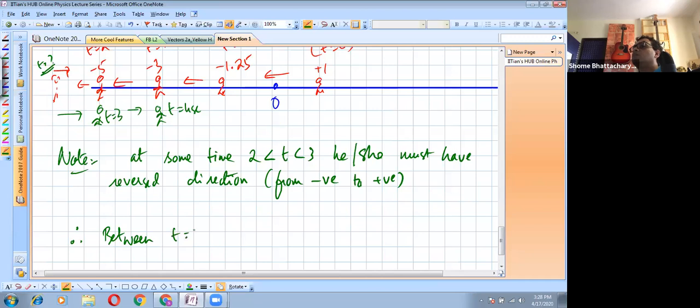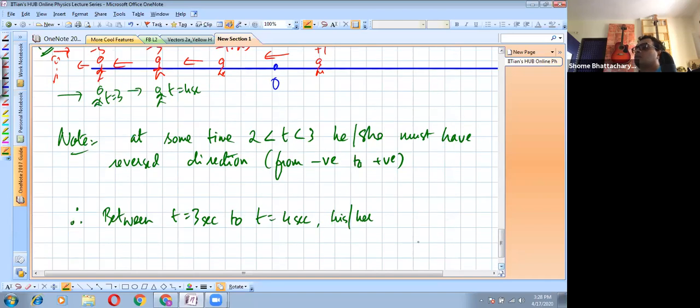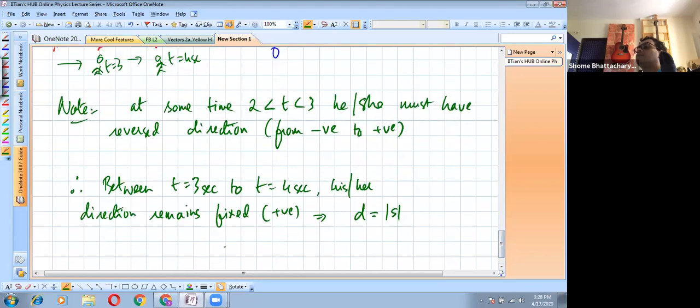So therefore you can see that between t equal to 3 seconds to t equal to 4 seconds, his or her direction of motion remains stable, fixed, okay, along the positive direction. So that is why we can say that distance traveled will be equal to the magnitude of displacement, and the displacement will be equal to what?